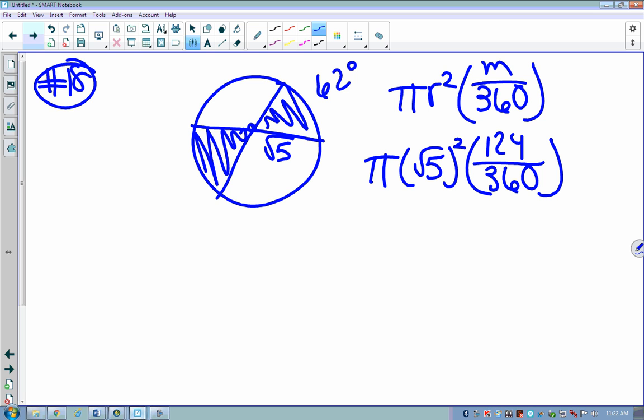Okay, so radical 5 squared is 5. So I have 5 pi times 124 over 360, which should be like 31 over 90.